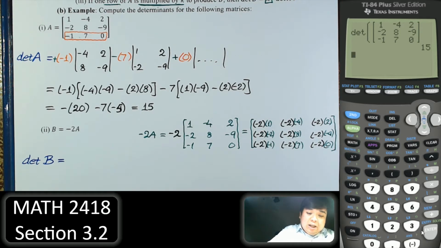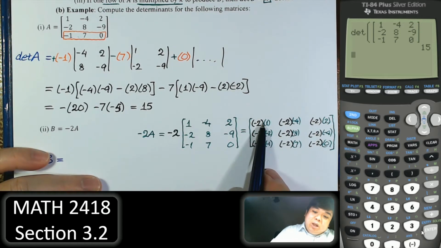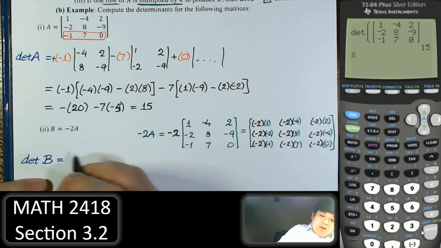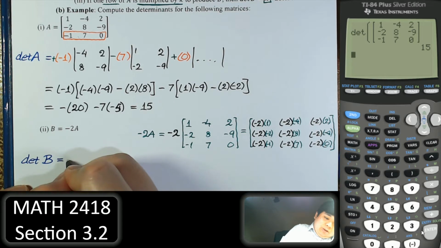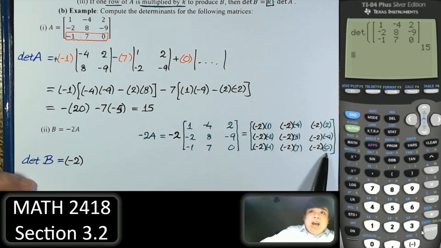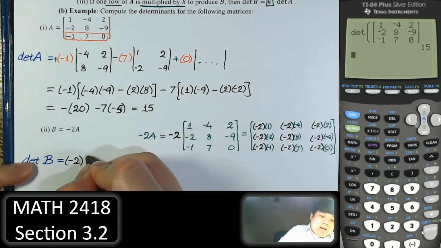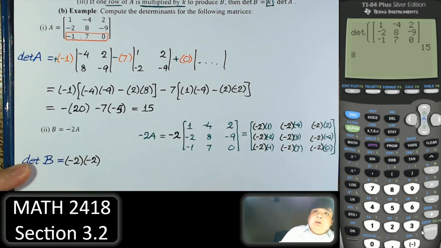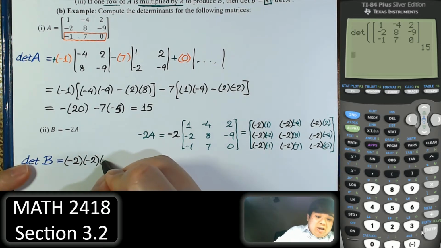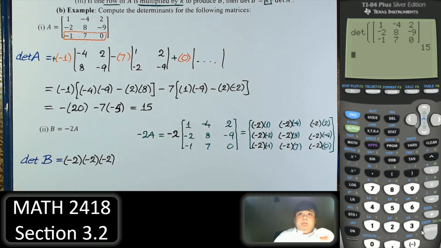All right, what we see here is we multiply -2 on every entry on the first row, right? So we're going to have a -2. We do multiply -2 on every entry on the second row also, so this is another -2. And we multiply -2 on every entry on the last row, that's another -2. Each time we multiply a row by a number, we multiply that number into the determinant.